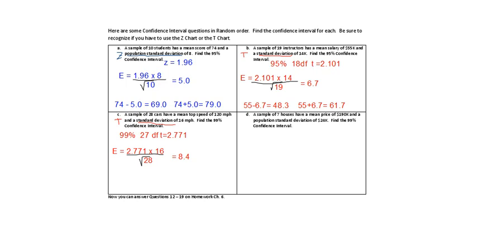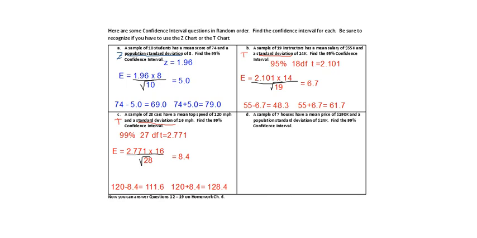And finally, we can do mean minus and mean plus. So 120 minus 8.4 is equal to 111.6. 120 plus 8.4 equals 128.4. All right, looking good.